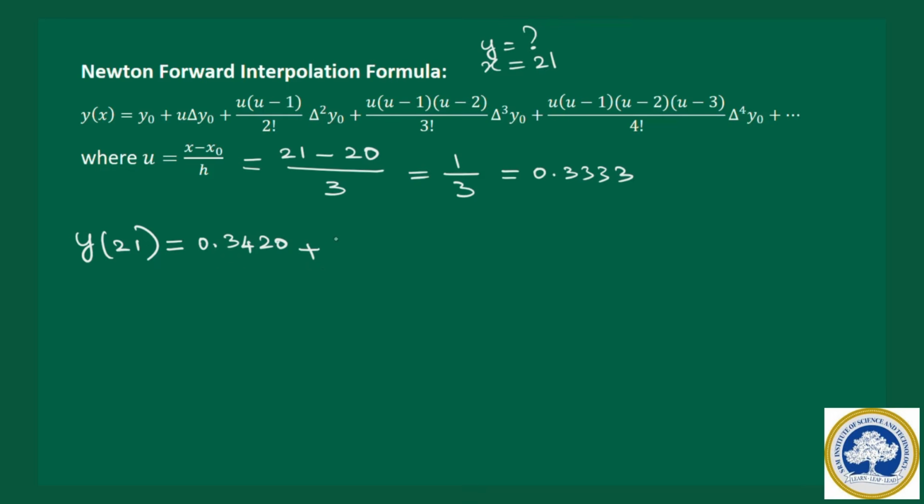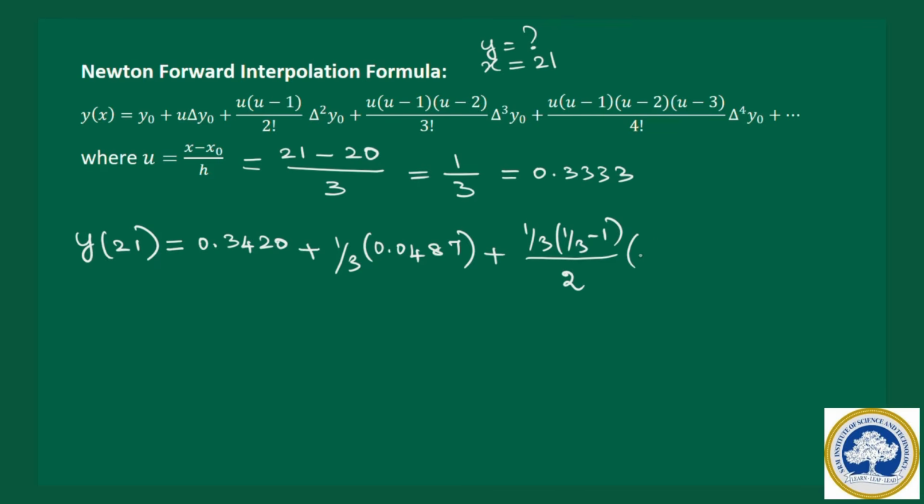So u is 1 by 3 into delta y naught. Delta y naught is the first value of the first order difference, that is 0.0487, right? Plus 1 by 3, 1 by 3 minus 1 divided by 2 factorial, which is 2, into delta square y naught.